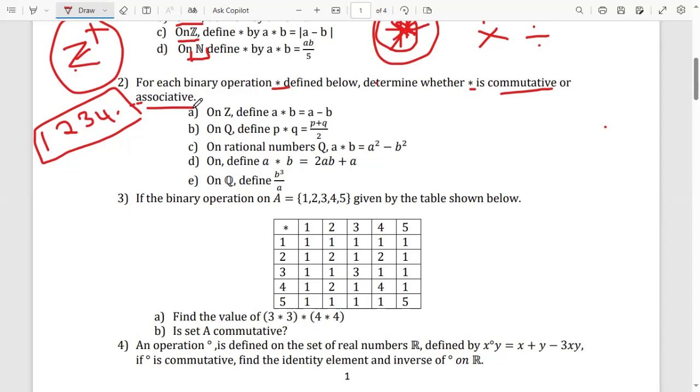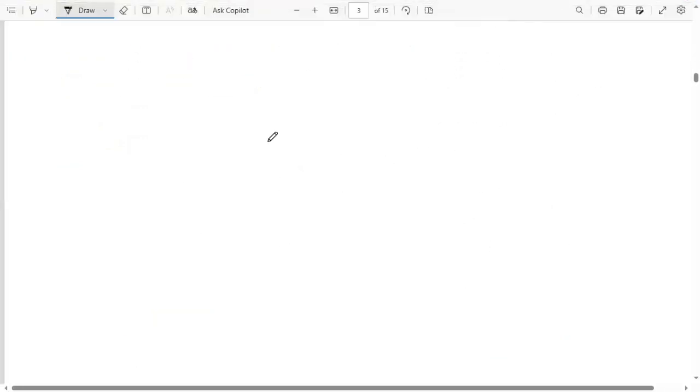Okay, so you have to know the meaning of what commutative is and what associative is. Let me go to my board here. If they say a certain binary operation represented by star is commutative, what do they mean?